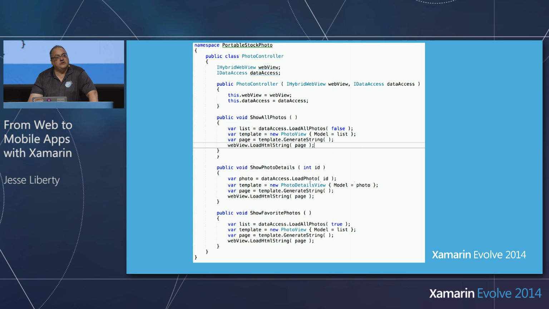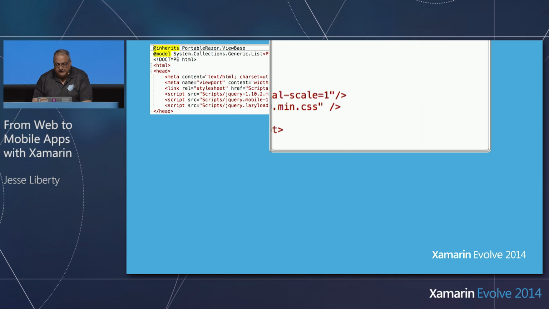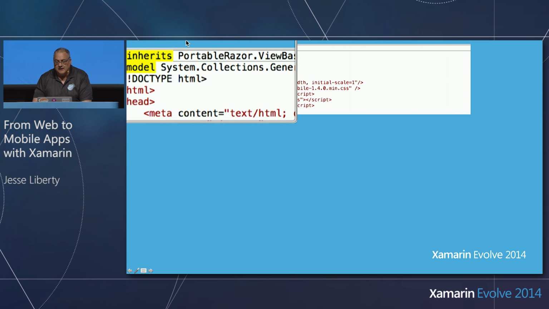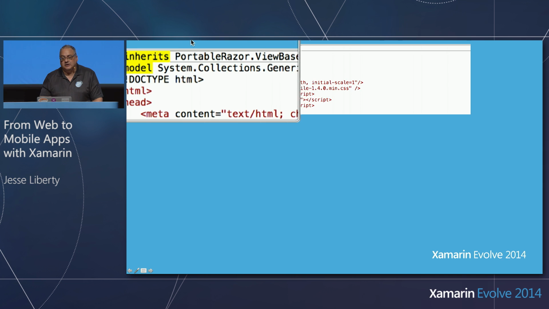When we turn to the view, to the CS_HTML, it is identical, copy and paste from the CS_HTML in my MVC application. The one distinct difference is this one line, inherits portable razor view base.